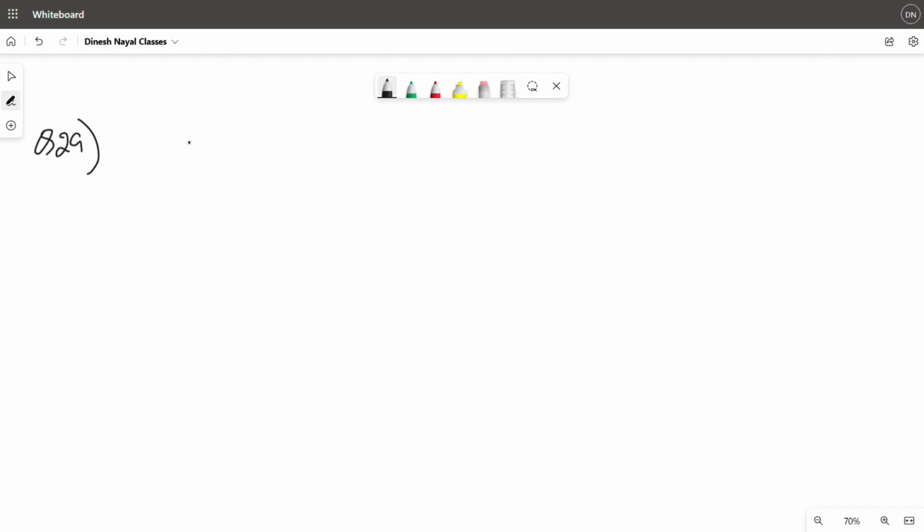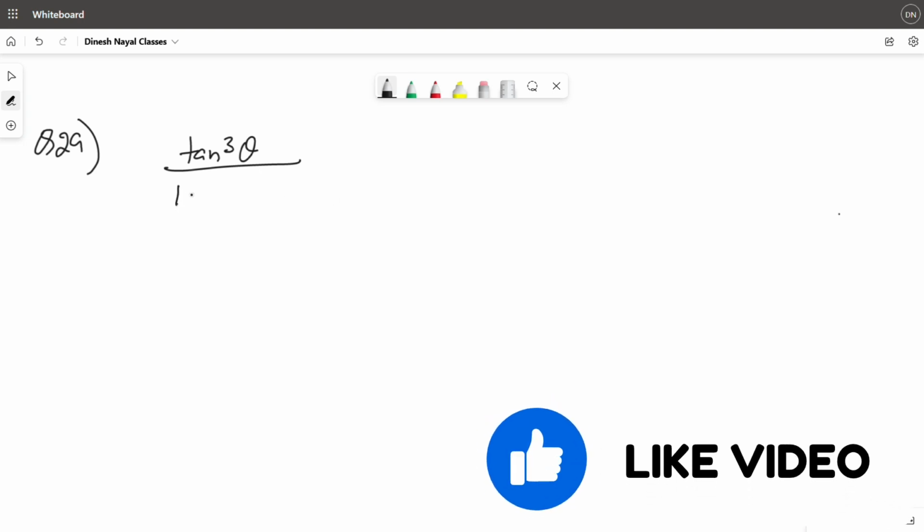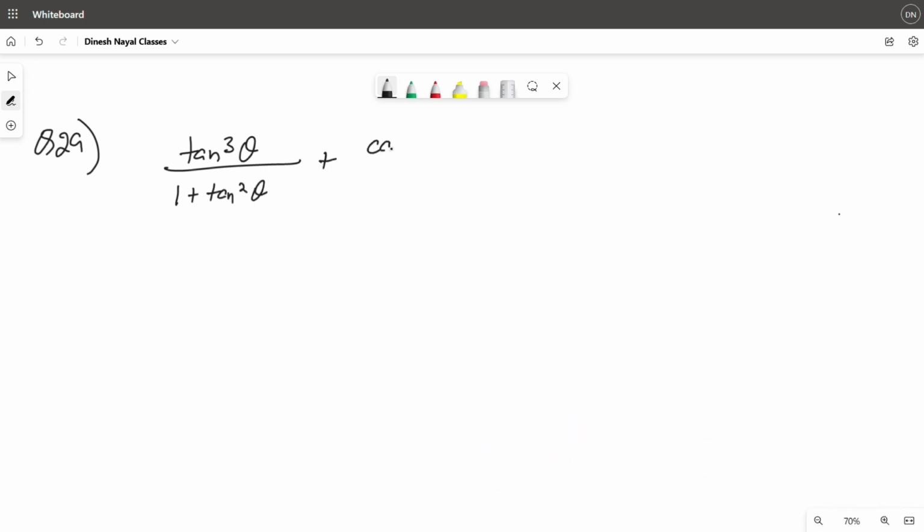So tan cube theta upon 1 plus tan square theta plus cot cube theta upon 1 plus cot square theta.